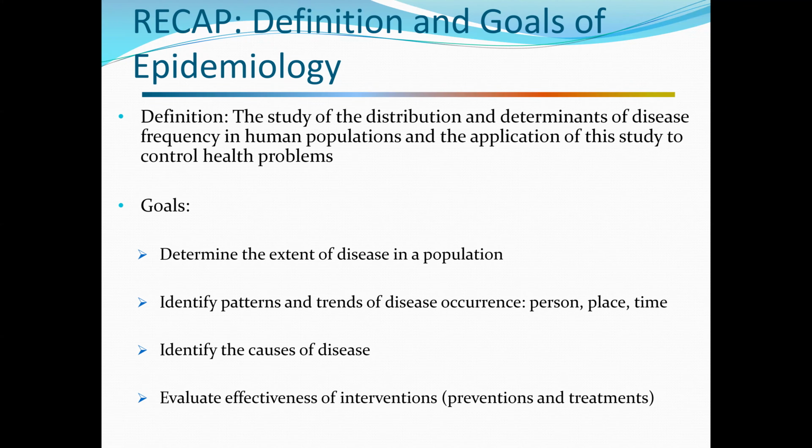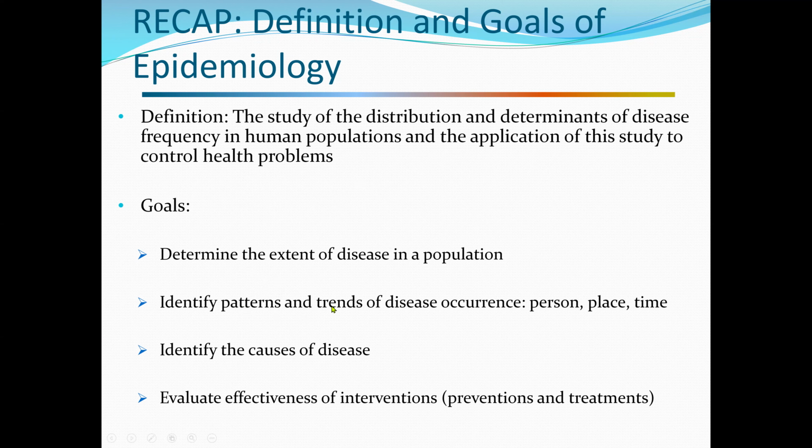This involves epidemiologists finding the determinants of the disease frequency and how the disease is distributed among the population, that is, the population characteristics. Are more females getting the disease than males, or are more younger people getting the disease than older people?